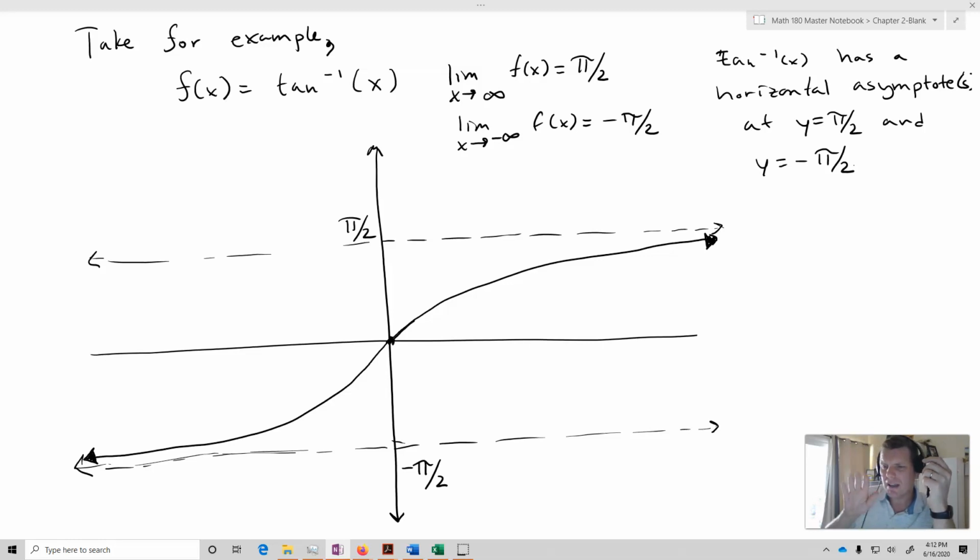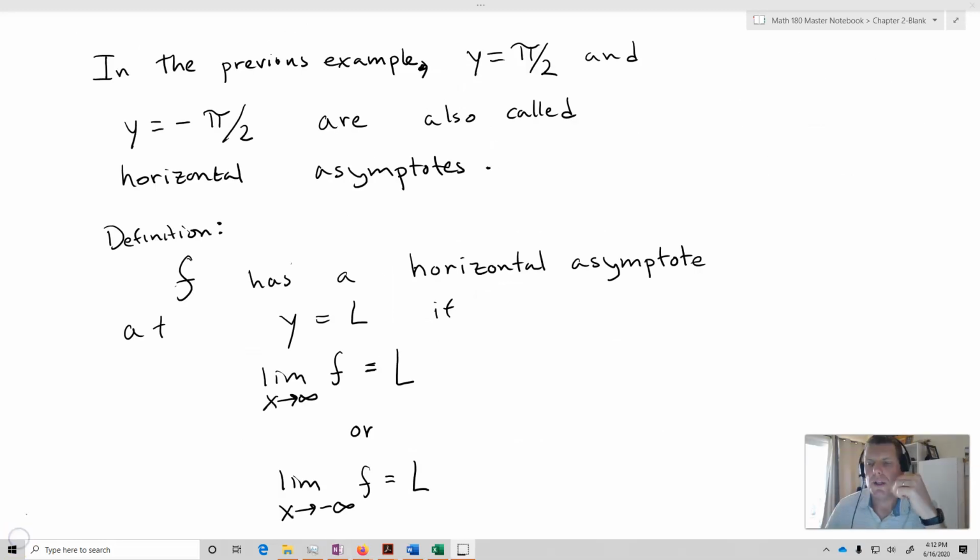But if it converges to a particular value, whether pi over 2, negative pi over 2, 0, 3, all sorts of different numbers it could go to, if it actually has a value for the limit, then we call that a horizontal asymptote. So in that previous example, we had y equals pi over 2 and y equals negative pi over 2, also called horizontal asymptotes. That leads us to a definition where we connect the two of them together.